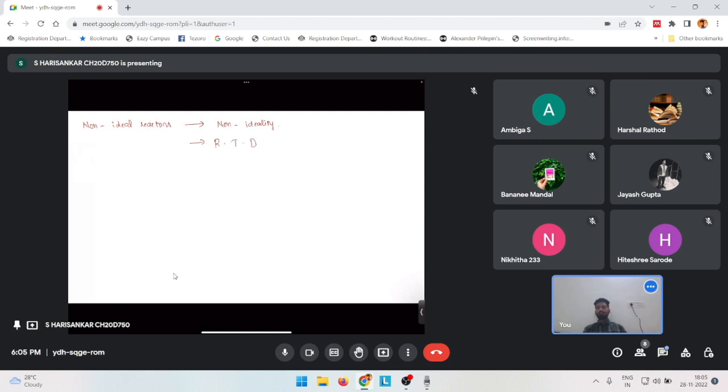We looked into the residence time distribution, or an E curve, and how we can find the moments of the RTD, like the mean residence time T bar, the variance, which is sigma squared, or the skewness.